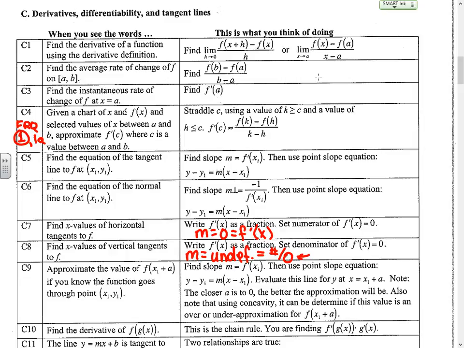Okay, any other questions? Kyle? For C5 and C6, is the only difference between them is how you find the slope, right? Yes. Because both of them are lines, both of them use point slope. Both of them have the same point, x1, y1. Just tangent says just derivative, plug in x1. Normal says just derivative, plug in x1, opposite reciprocal.